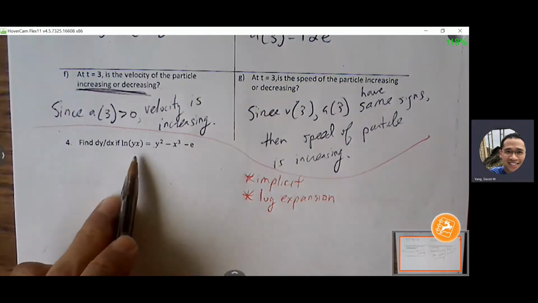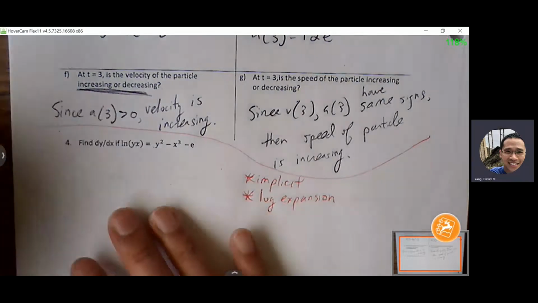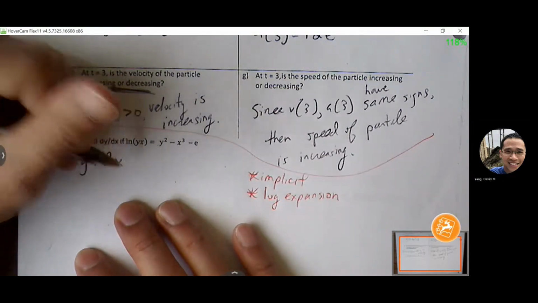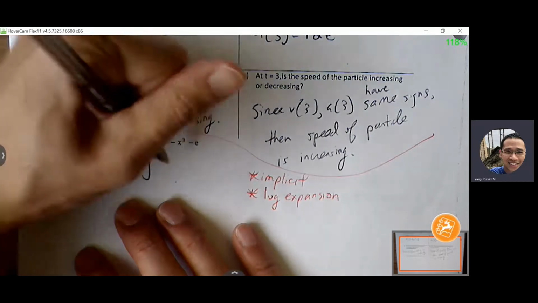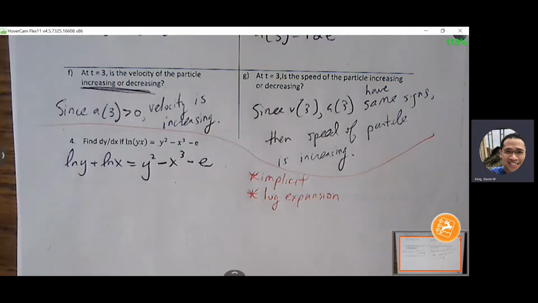Okay, so natural log of AB can be expanded into natural log of A plus natural log of B. Product property. So now we have all these singular terms.